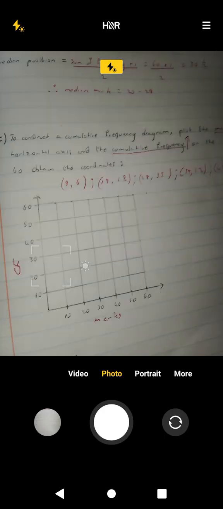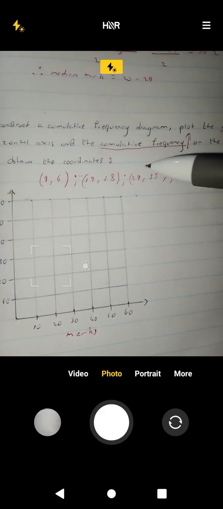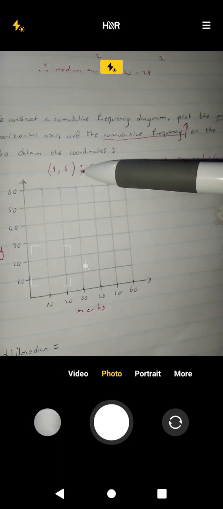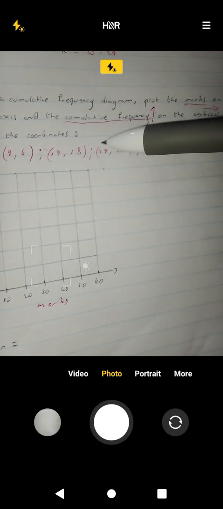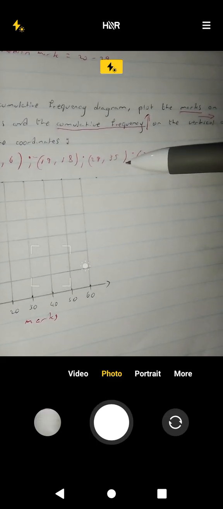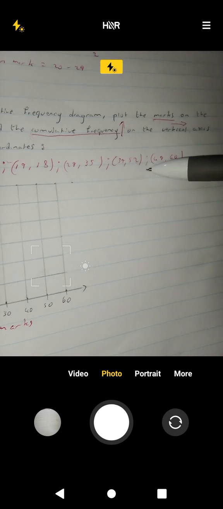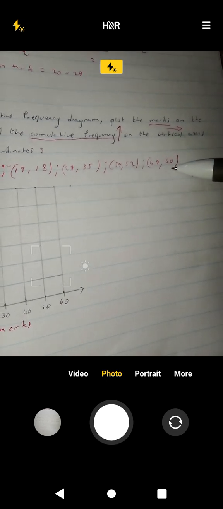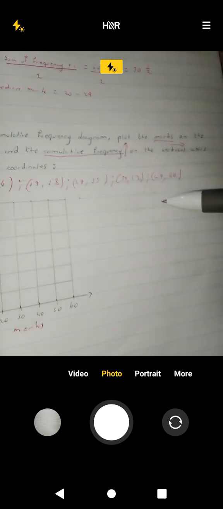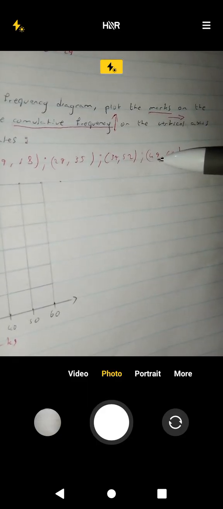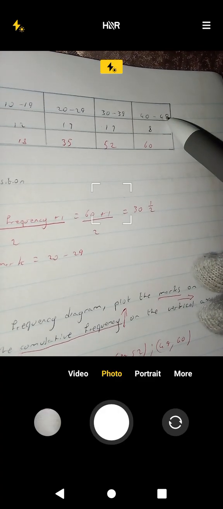Okay, so we have now plotted every point, which is 9,6, 19,18, 29,35, 39,52, 49,60. I hope you have plotted as such. For example, the last one is 49,60.